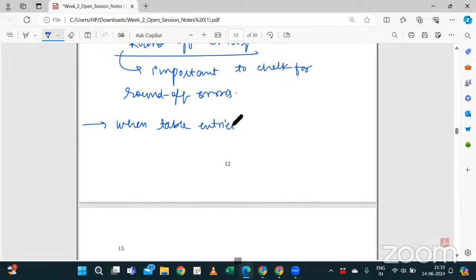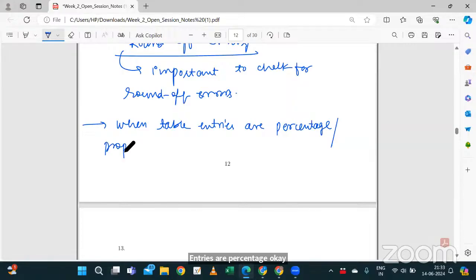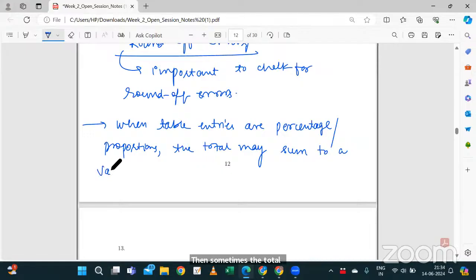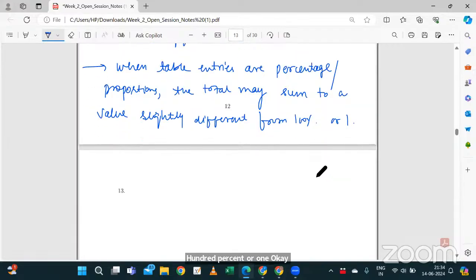You have to keep this in mind: when table entries are percentages, or you can say proportions, then sometimes the total may sum to slightly different from 100% or 1. Okay, what is the meaning of this?